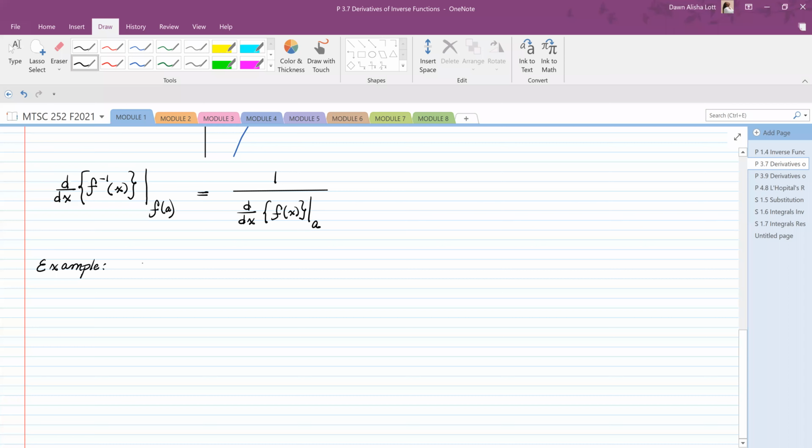Let's take f of x equal to x squared, where x is greater than or equal to 0. So we're only taking that right half. We already found the inverse function: the inverse function of x is x to the 1/2.